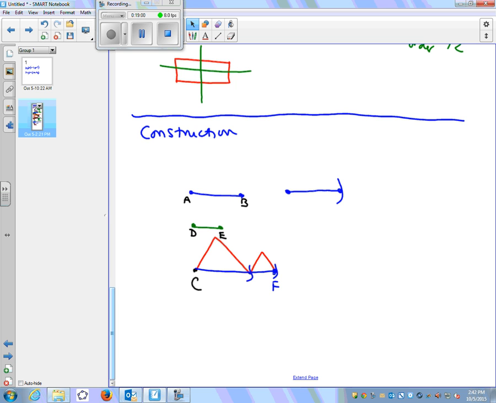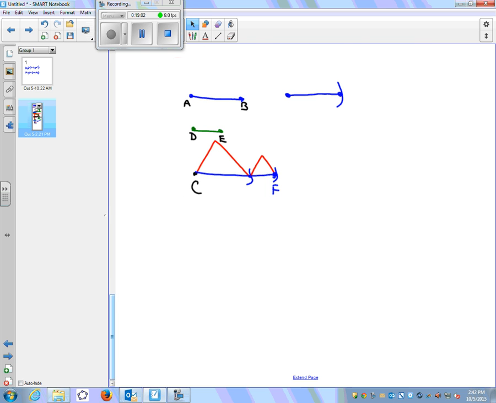Okay. That's congruent segments. The other thing with segments, we found the perpendicular bisector. So if you want to get half of the size of a segment, you want it to be cut in half, you put your compass here, the point here, and you make it wider than halfway, okay?